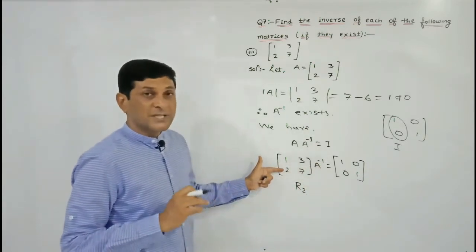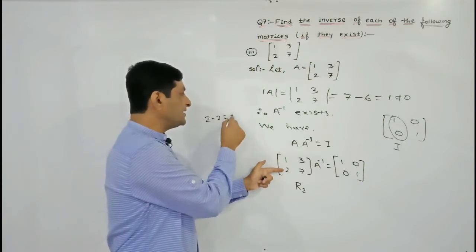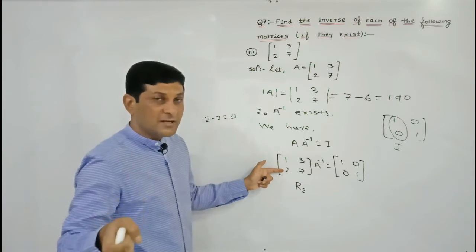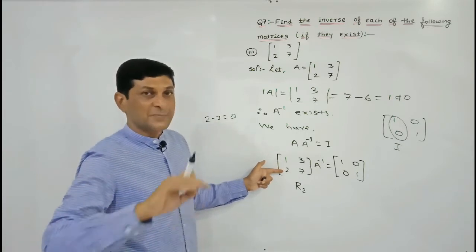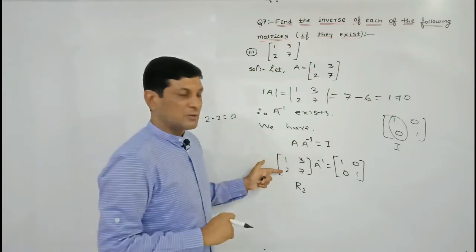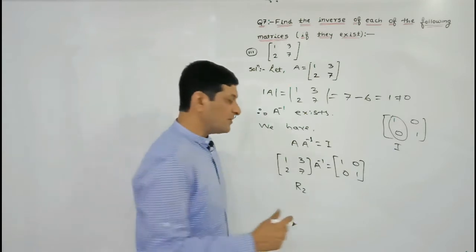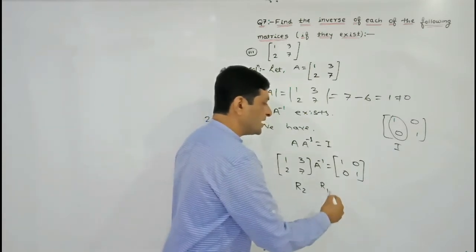R2. और कौन सा एलिमेंट है R2 में? 2 में से 2 सब्ट्रैक्ट किया तो ही 0 आएगा. And whenever we are performing addition and subtraction, at that time we have to use corresponding element of any other row. So यहाँ पे R2 पे ऑपरेशन है और दूसरा एक ही रो बचता है R1, means we have to use the corresponding element of what?